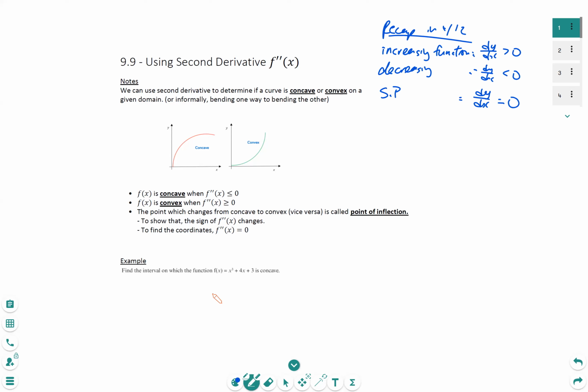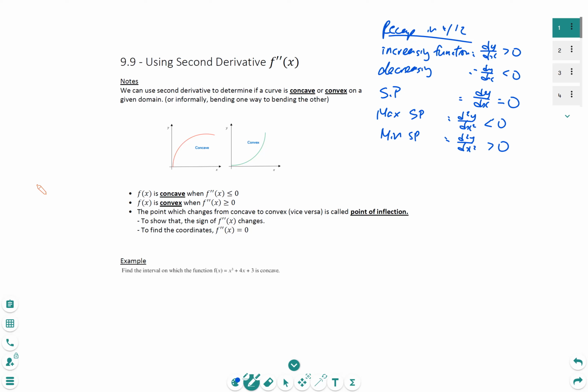If I want to verify the nature, is it a max? If it's a maximum stationary point, then the second derivative should be less than 0. A minimum stationary point will have a second derivative greater than 0. So these are all the definitions you've learned in year 12 about derivatives. We're building up on this repertoire, apart from these five key points.